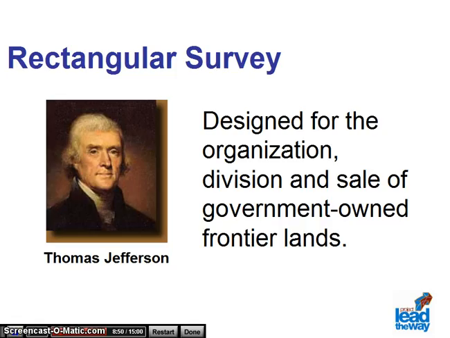First suggested by Thomas Jefferson in 1784, the rectangular survey system was officially adopted by the newly formed United States government for the organization, division, and sale of government-owned frontier lands. It was first used in the Northwest Territories, those lands lying west of Pennsylvania and north of the Ohio and east of the Mississippi rivers.